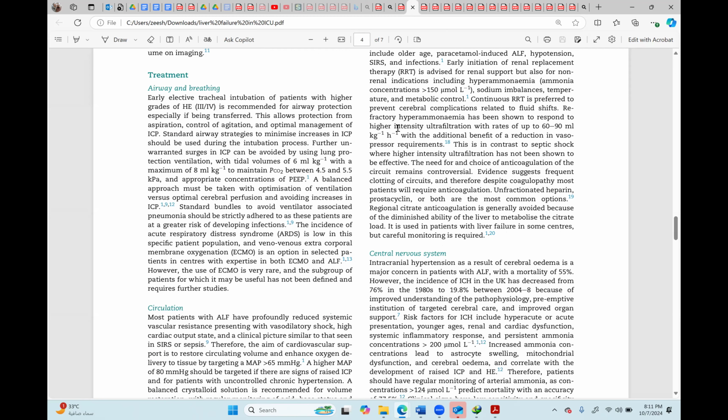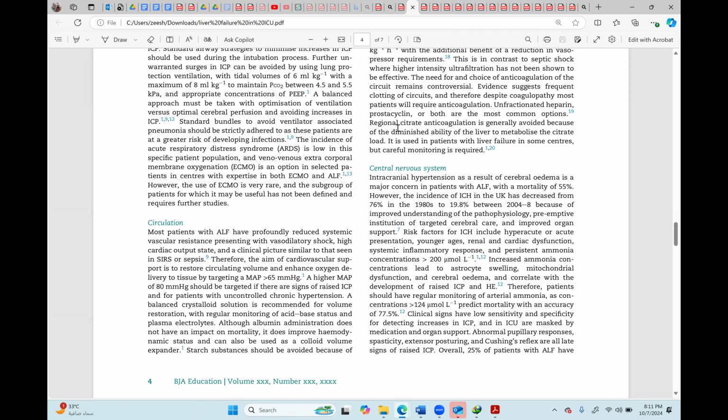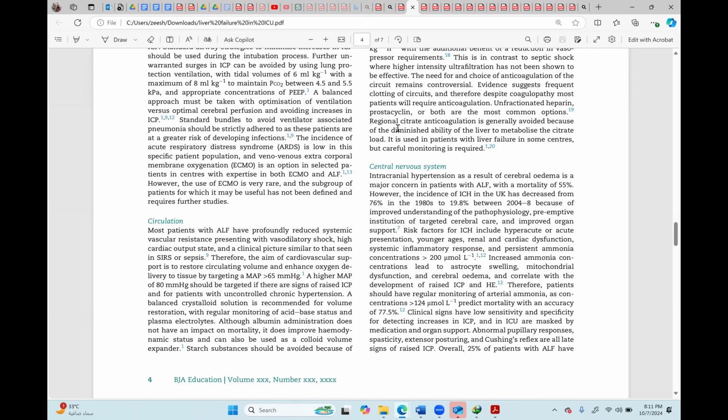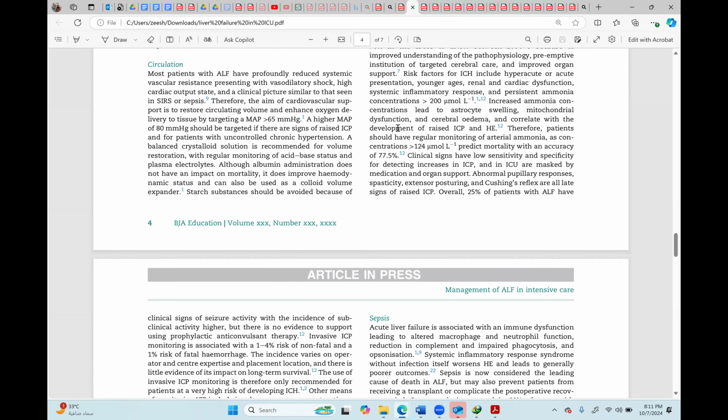So if it is encephalopathy, airway may be secured, and all the concerns with reference to ICP. There are a number of problems associated with ammonia. It leads to astrocyte swelling, mitochondrial dysfunction, cerebral edema. So there will be midline shift and all the things related to it.